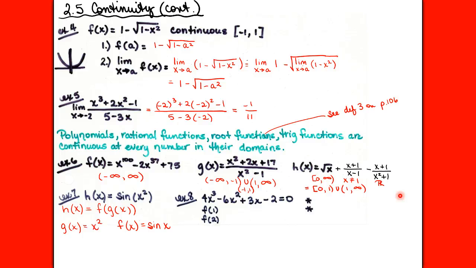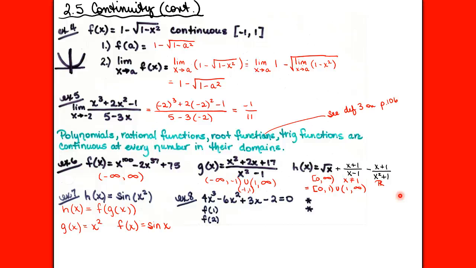All right, then they talked to us about compositions of functions on the bottom of 109 and the top of 110. So on 109, they basically say if I have a composition of 2 functions, that I can find the limit of the inside function first and then take the outside function, as opposed to having to take the limit of the whole thing.